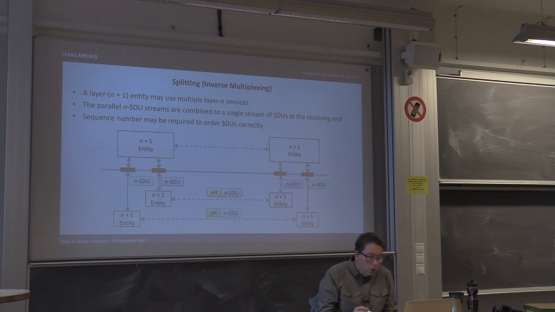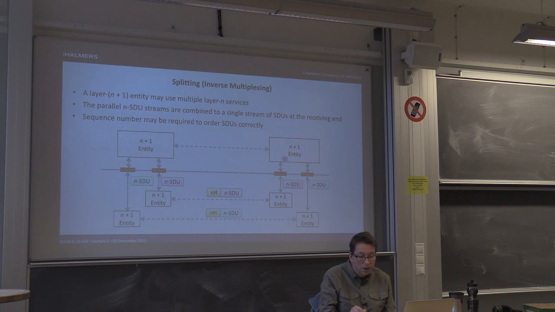So the idea here is that the entity here actually connects to several parallel protocols, or they could be the same protocols, but they are two different entities running in parallel. Anyway, this one needs to transmit data here, and it can do that by sending service data units over one path and the other path.